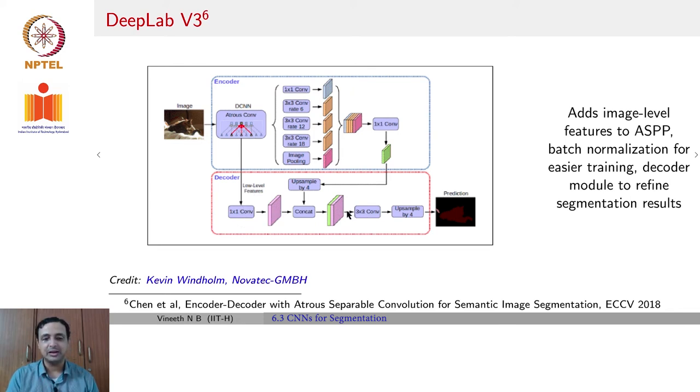These are then concatenated, and you finally have one more convolution at the end and then upsample and make your predictions at the end. Remember that when we say prediction, it is going to be again an output volume whose resolution is the same as the input image, and the number of channels would be C+1, where C is the number of classes plus 1 for background.